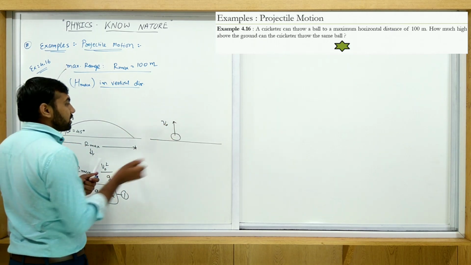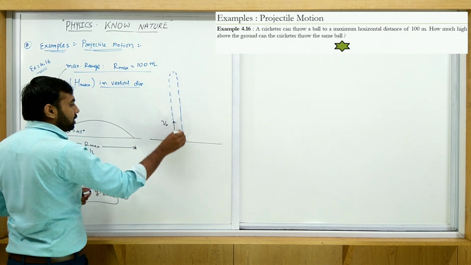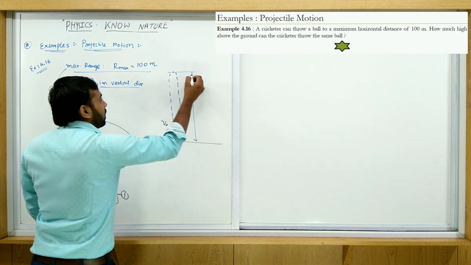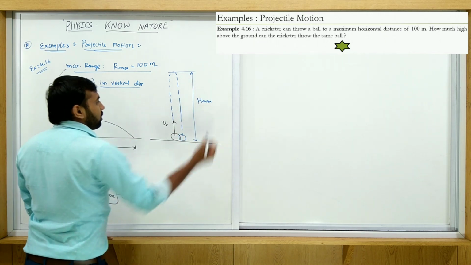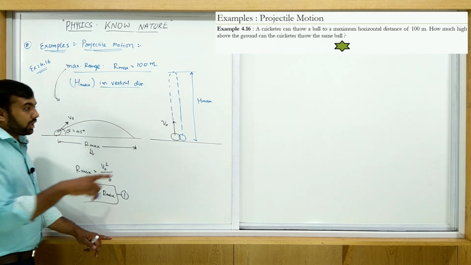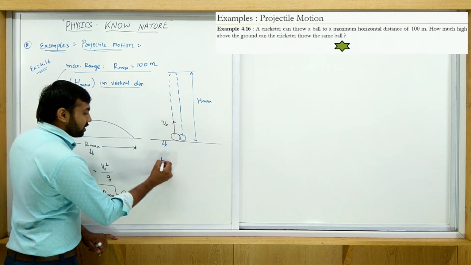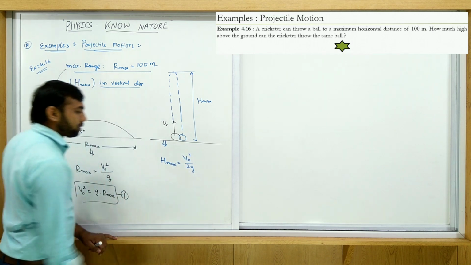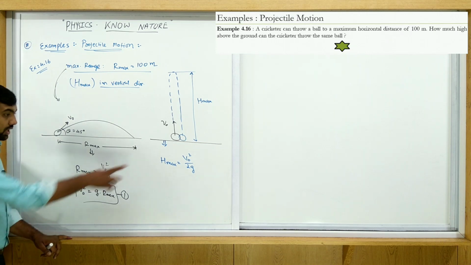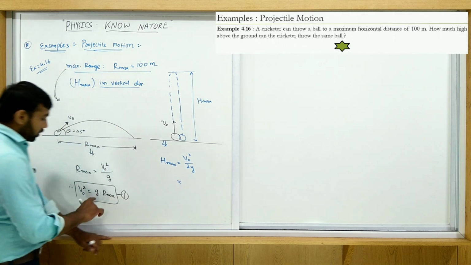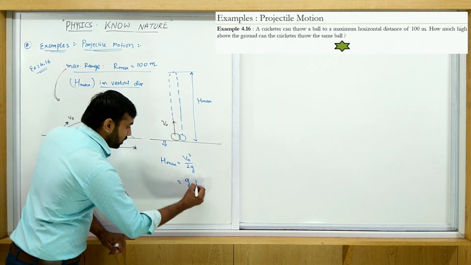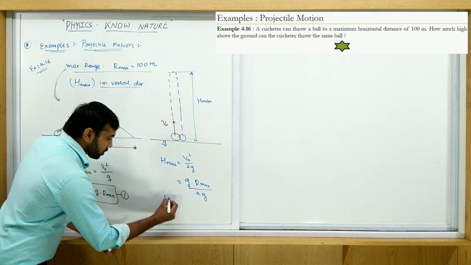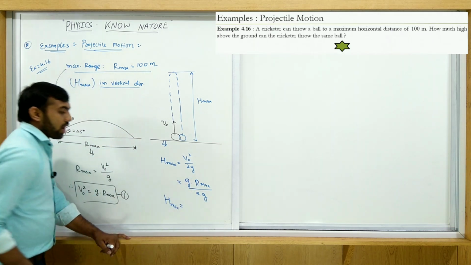Then this ball rises above and after some height it's coming back. हमें H find करना है maximum. तो free fall जैसा case हुआ तो इसका H max का equation direct रख दो. H max का equation होता है v naught square upon 2g. So यहाँ से v naught square यहाँ इस पे रख दो. So what is v naught square? v naught square g into R max. So g into R max upon 2g. g cancel out. So H max is equal to R max upon 2.